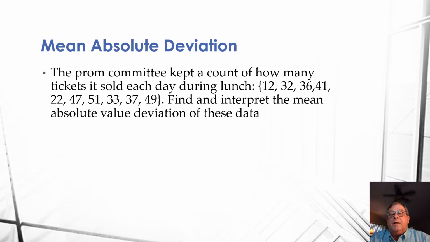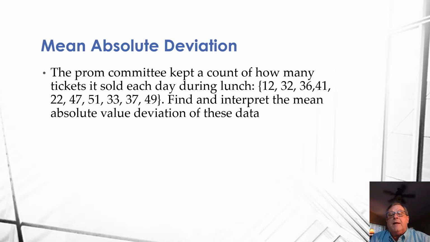So let's see, one day they sold 12, and one day they sold 32, and then 36, and then 41, and 22, and 47, and 51, and 33, and 37, and 49. Let's see, how many data points do we have? 1, 2, 3, 4, 5, 6, 7, 8, 9, 10. We've got 10 data points.